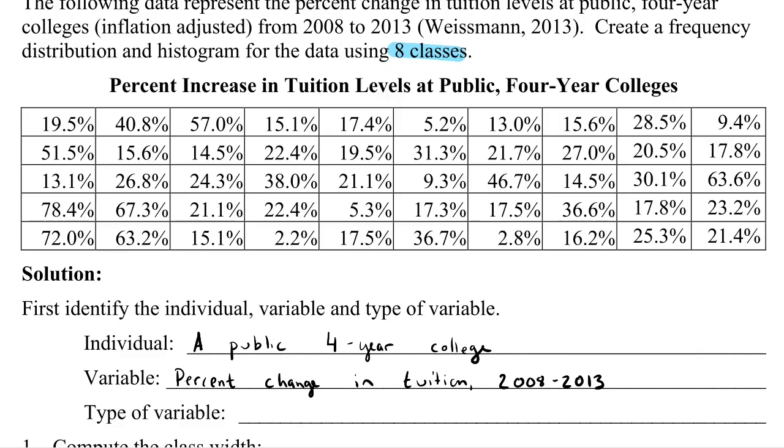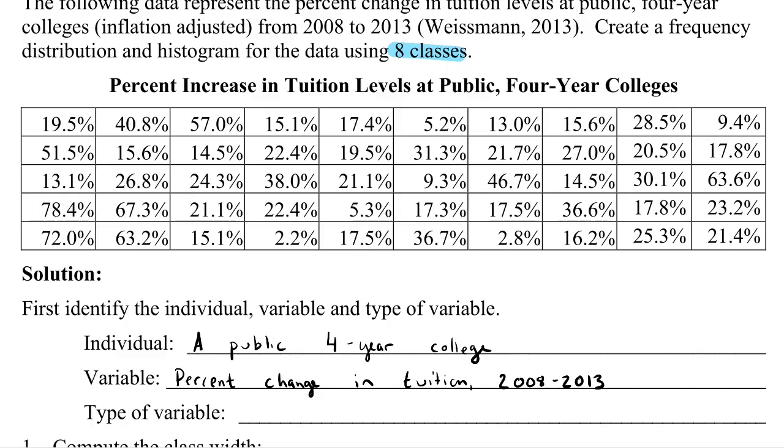Now, these numbers are percents, but in this context, we should just treat percent as a unit of measure. That is, the value of our variable might be 19.5, and that's measured in percent. Because we're not actually taking a percent of something, we don't need to convert these percents to decimals.